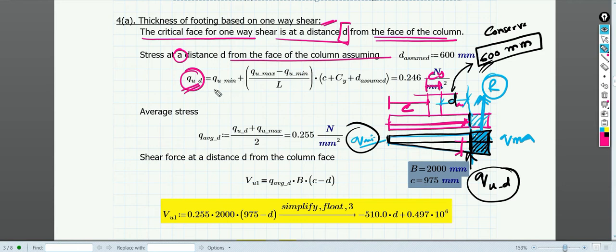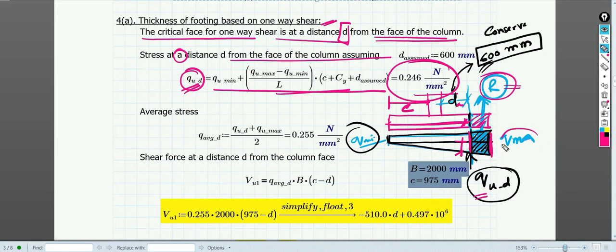So if you do this calculation, you can find out that the stress at the critical phase QUD is around 0.246 Newton per mm square. You just have to interpolate and find out what is the stress at this phase, so that we can find out the total force, or the reaction R. As you can see here, the stresses are varying.